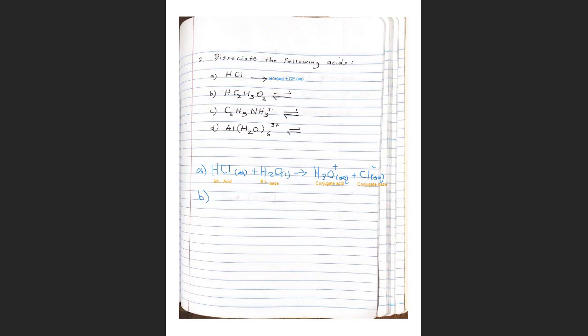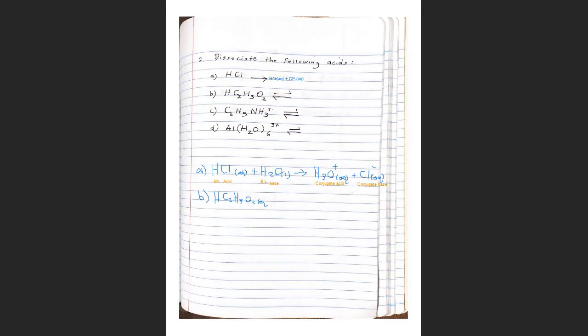Go ahead and do the simple dissociation with the acetic acid, and I'll follow you up with the reaction with water. Okay. So again, I'm pretty sure it would be very similar to what I was able to do with hydrochloric acid.